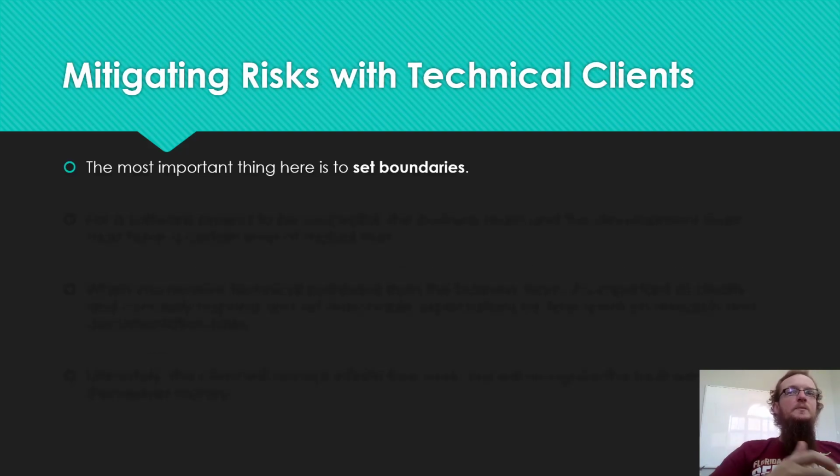So the really important thing here is to set boundaries. Most of the time, these clients are not trying to do anything untoward. There's very few times where there's actual ill intent between a client and you, the firm, trying to help them. Most of the time, it's very much a matter of being excited or being interested in the things that you're trying to do. So the most important thing that particularly a project manager can do in one of these projects is to set boundaries and basically say, this is a technology component of the system, not necessarily a business component of the system.